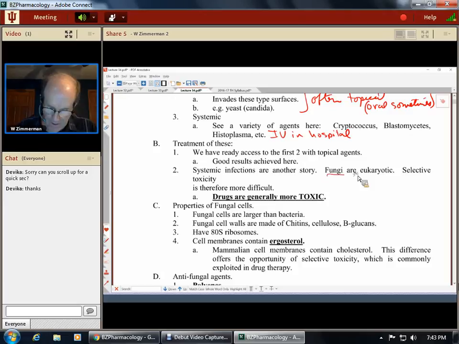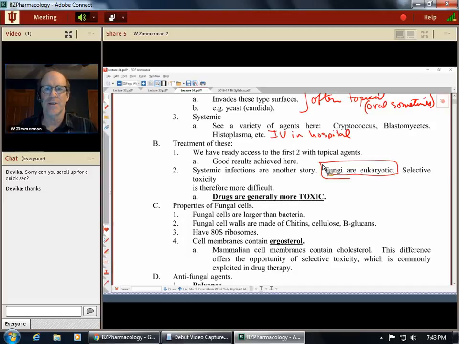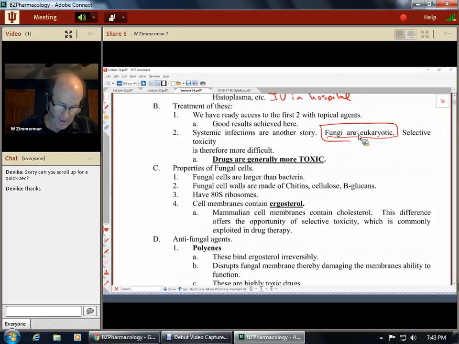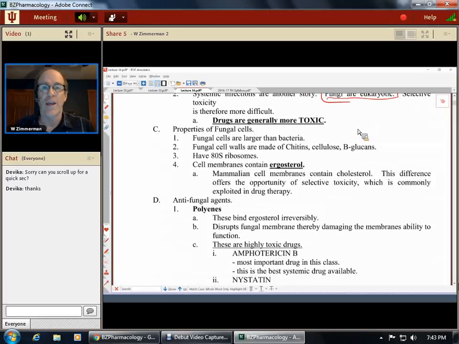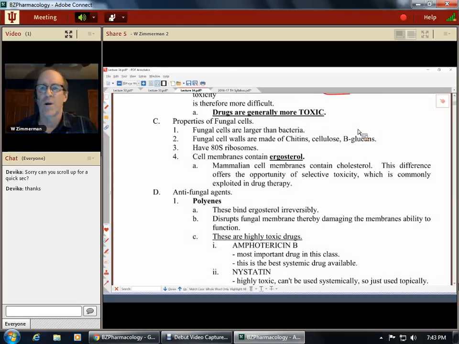Fungi are eukaryotic. And therefore, selective toxicity is going to be more difficult. These drugs are generally more toxic. We've made some big improvements recently, but it's been difficult. So what can we exploit? Well, the fungal cells are larger than bacteria. Cell walls are made of some different constituents: chitin, cellulose, beta-glucans.